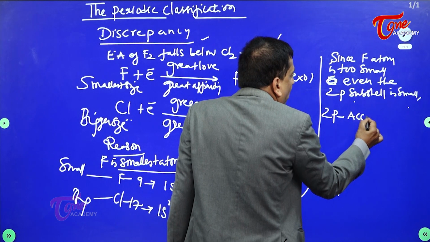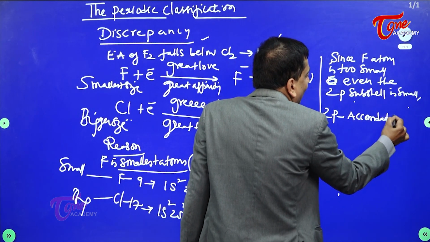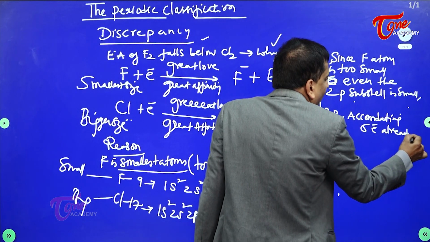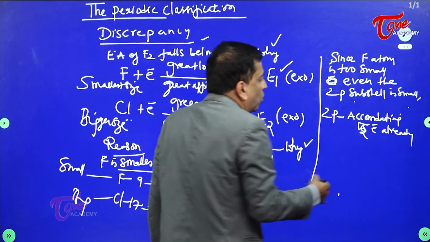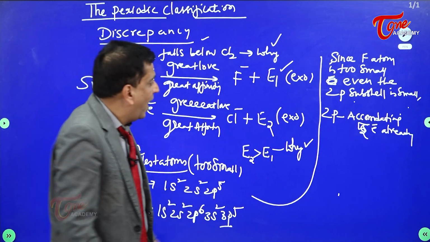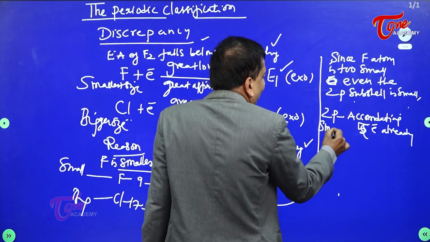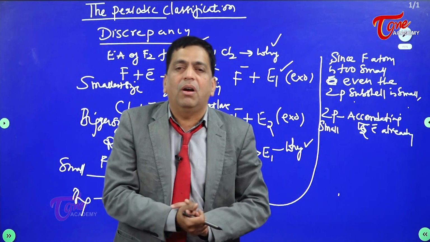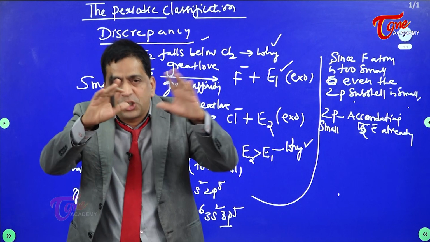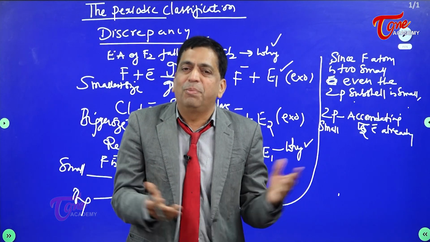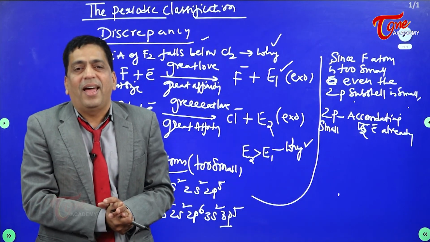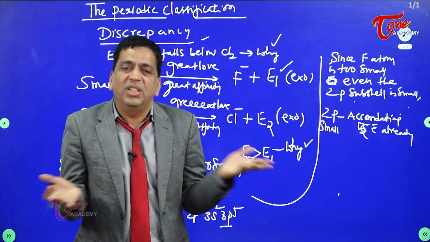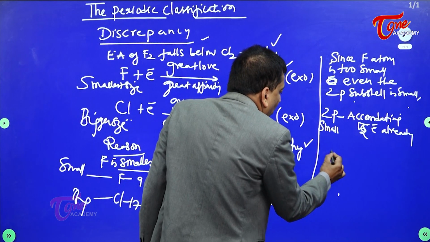On top of that, the 2p is already accommodating 5 electrons. The fluorine atom itself is small, so the 2p subshell is small, and it is accommodating 5 electrons.